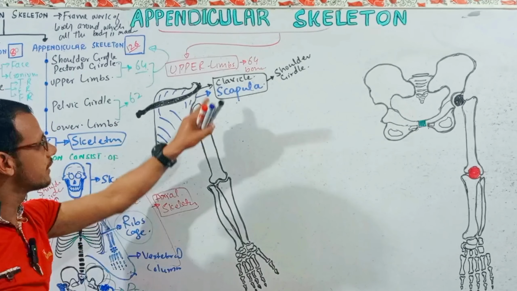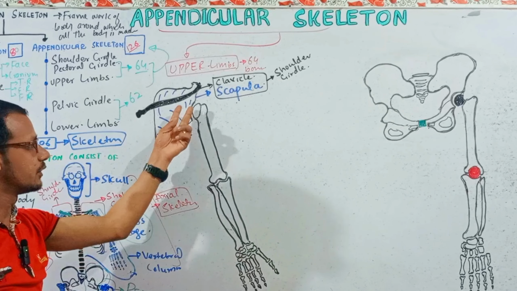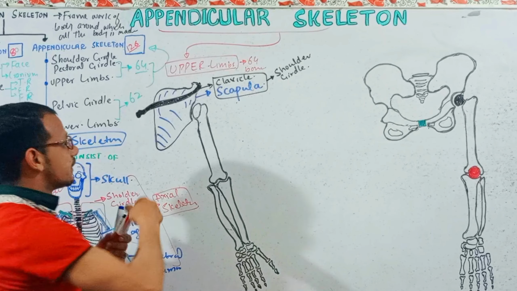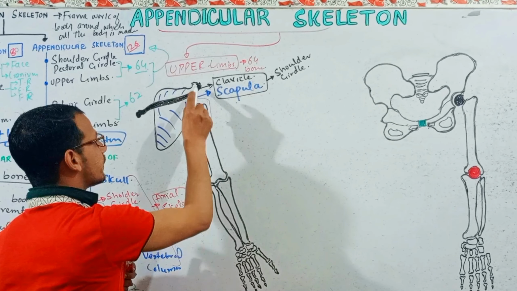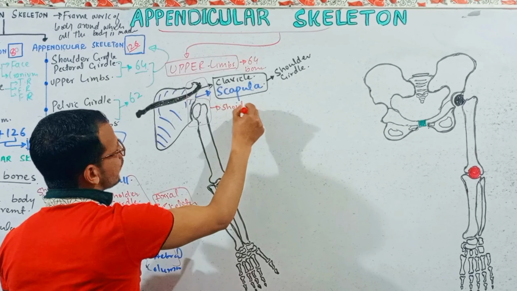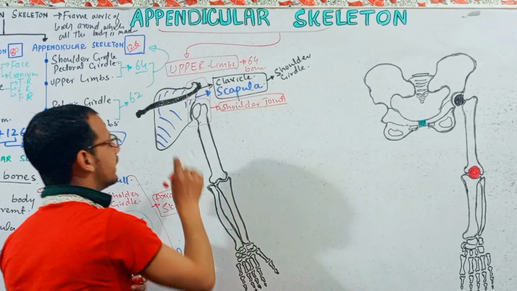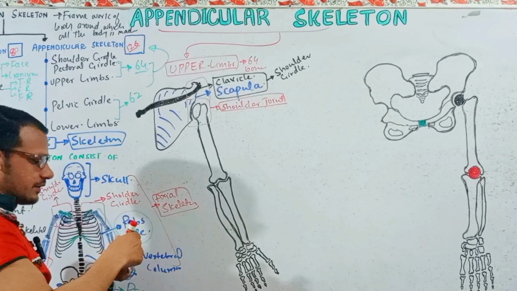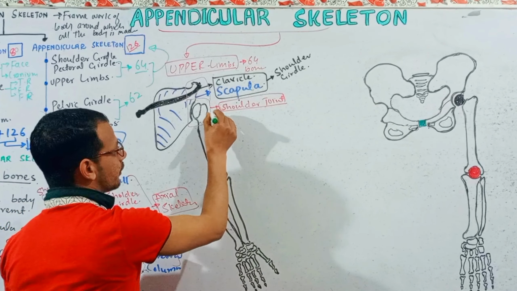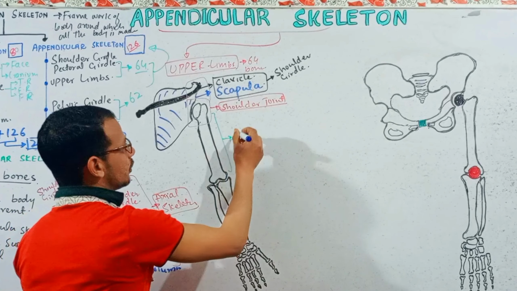This shoulder girdle makes the joint here, which is called the shoulder joint. We will discuss joints later, but this whole thing is called the shoulder joint, right? With the scapula we have this long bone, which is called the humerus.